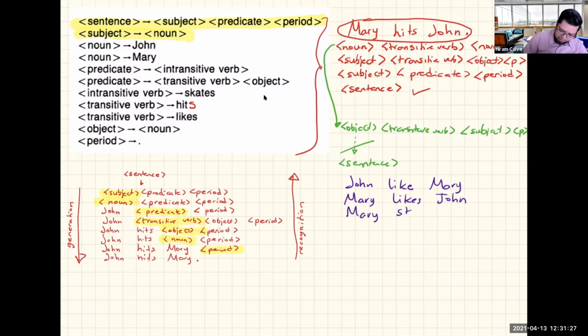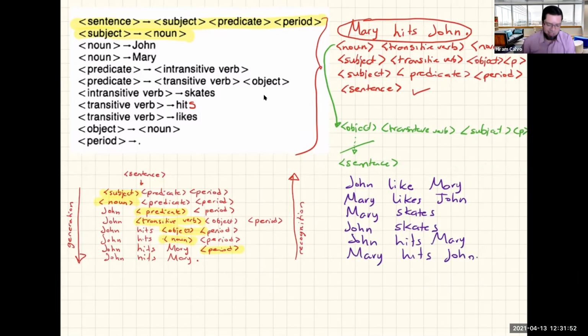Mary skates and John skates. John hits Mary and Mary hits John. So this is a short story.